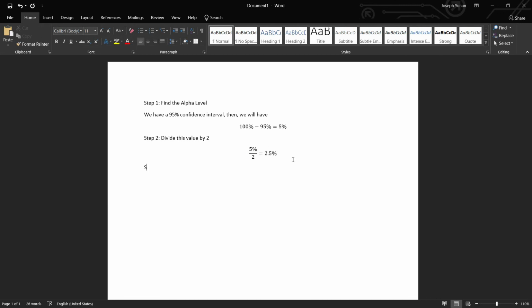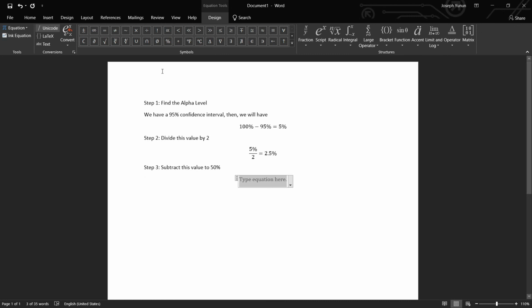So for step number 3, subtract that value from 50%. So 50% minus 2.5% gives us 47.5.